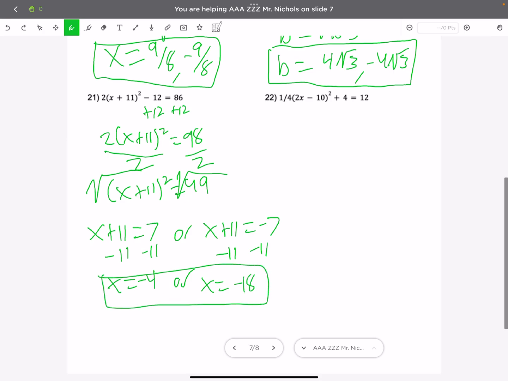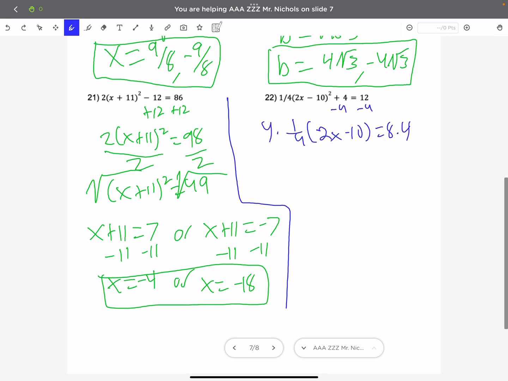Like this. I'm going to switch up colors for this last part so that we don't mix this up. So for this last one too, I would first subtract 4, and I get 1 over 4 times 2x minus 10 is equal to 8.